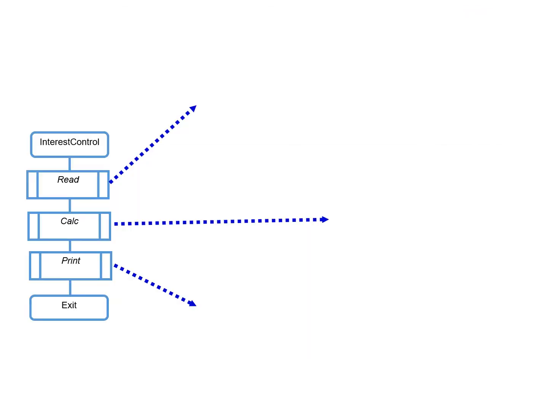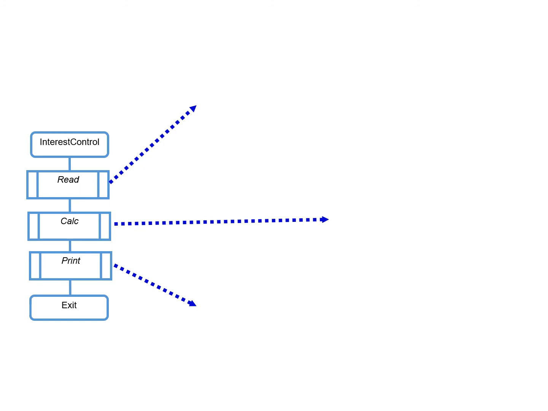Now we move on to this example, which is the interest control. In this flowchart, we have one main program, which is the interest control, and we have three sub modules. They are called the read module, calculate module, and print module. Each of these modules has its own specific task.